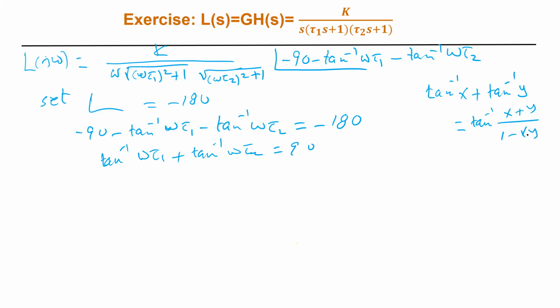We use this one. So I will have tan inverse of omega tau 1 plus omega tau 2 over 1 minus omega square tau 1 tau 2 equals 90.